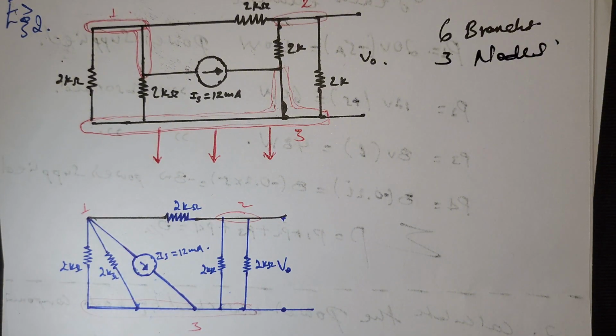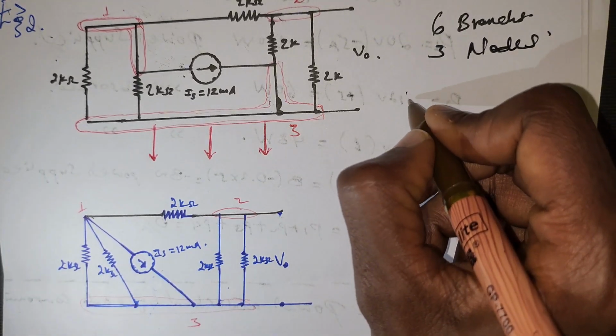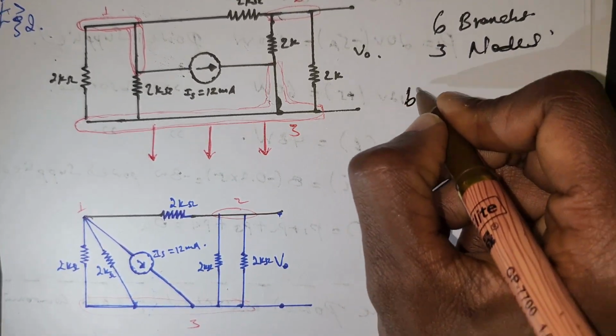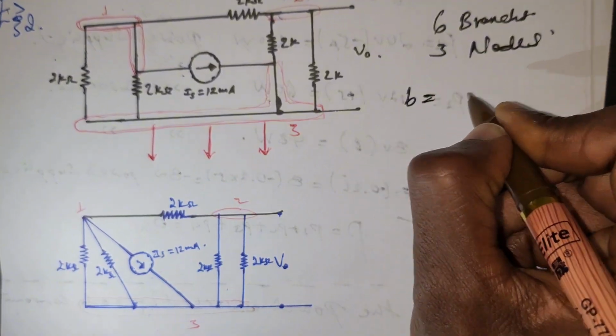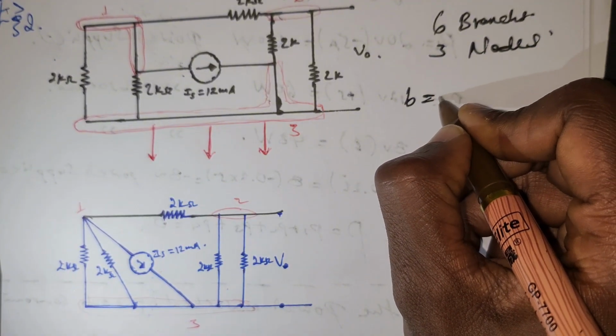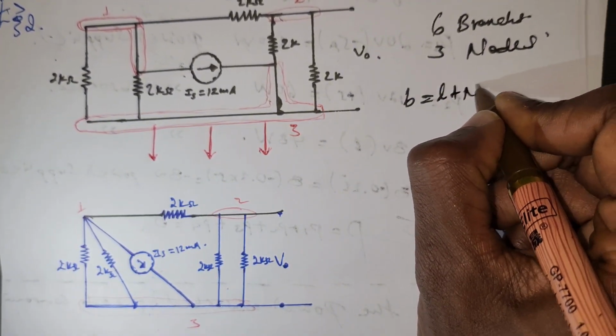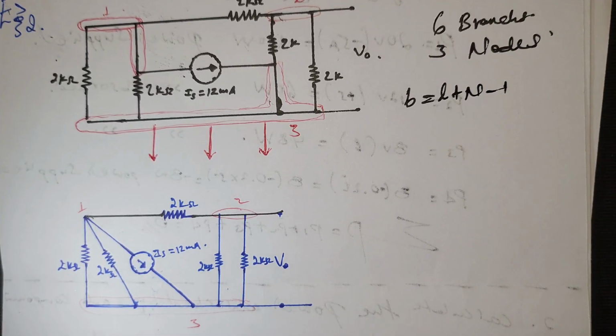In order to find the number of loops, we're going to use the formula: B, the number of branches, is equal to the number of loops plus the number of nodes minus 1.